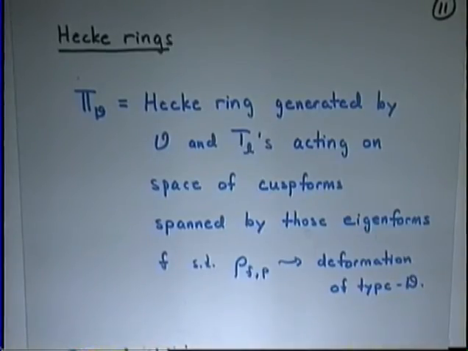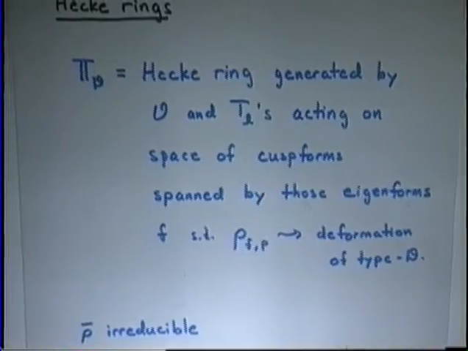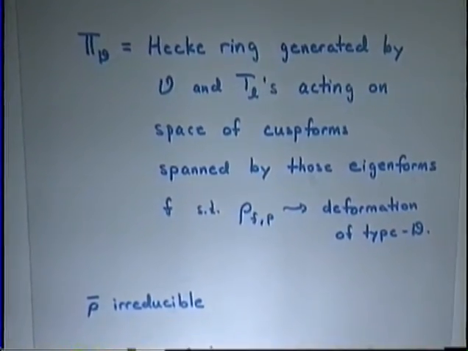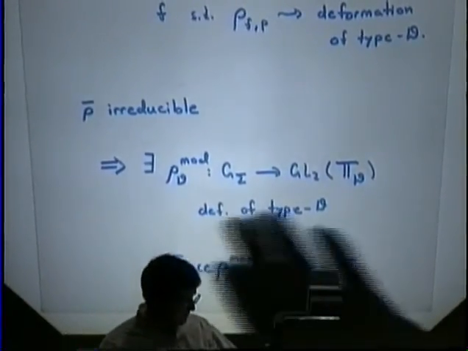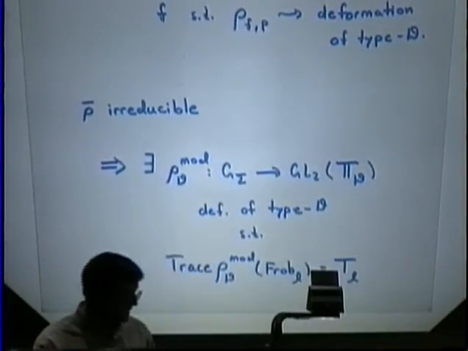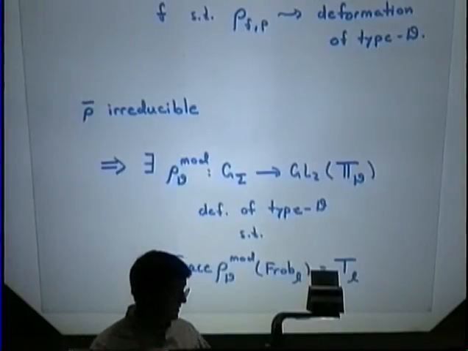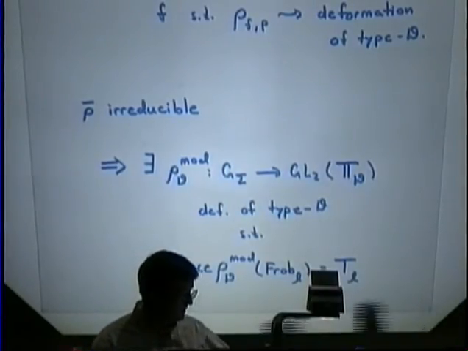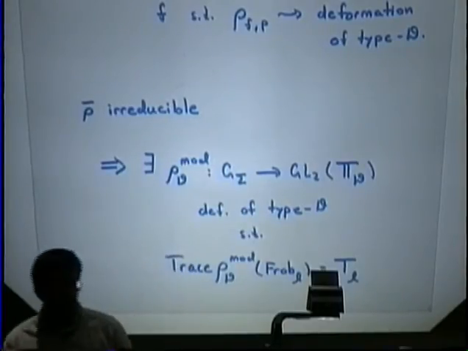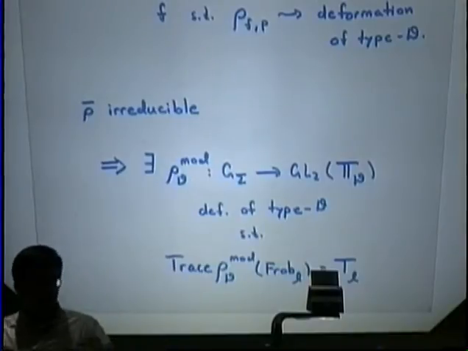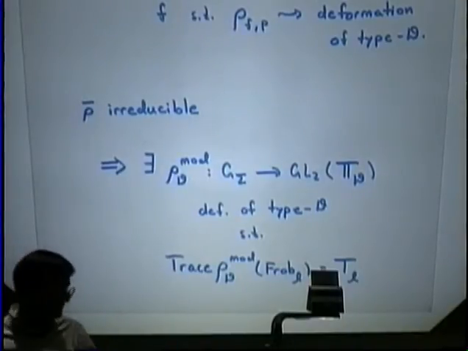And since we're hoping that all of our deformations come from these modular forms, this is the right space to look. And at least under the hypothesis that the residual representation is irreducible, you get a deformation of the type that we're interested in into GL2 of this Hecke ring, T sub D. And the important point is that this is such that the trace of a Frobenius element is the Hecke operator T sub l.